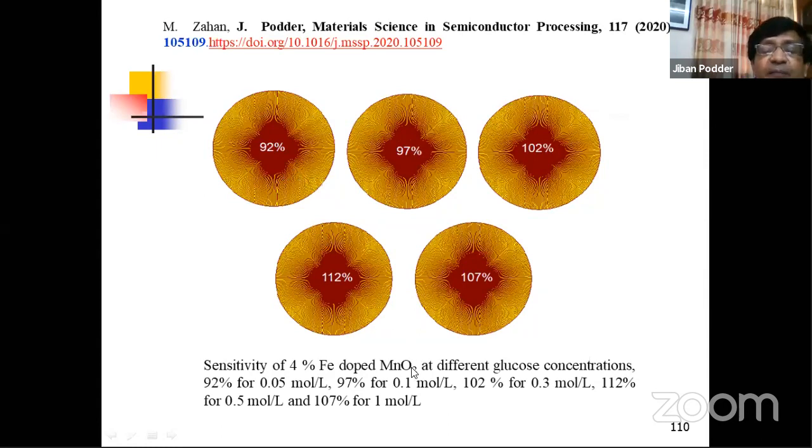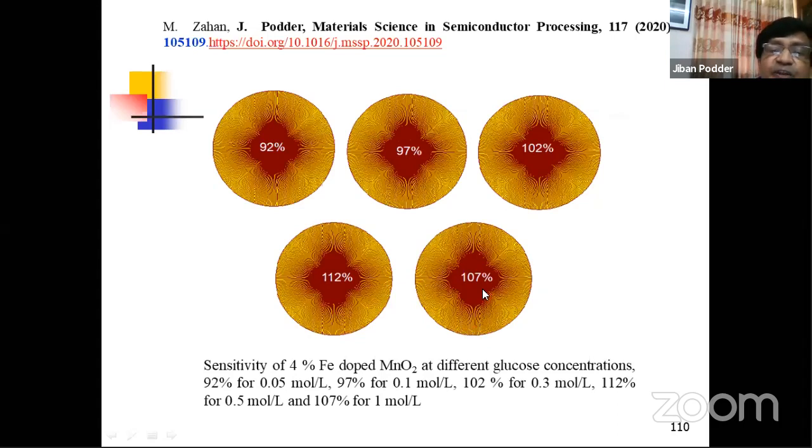When we prepare the glucose concentration at 0.05, that is 92%. 0.1 is 97%. 0.3 is 102%. Then 0.5 is 112%, and 1 mole concentration of the glucose.